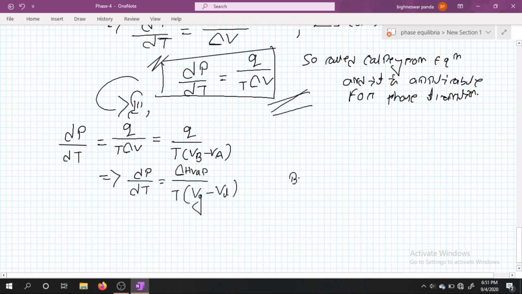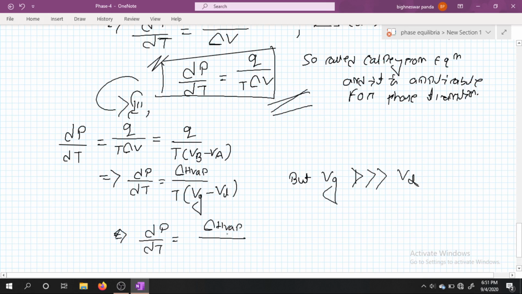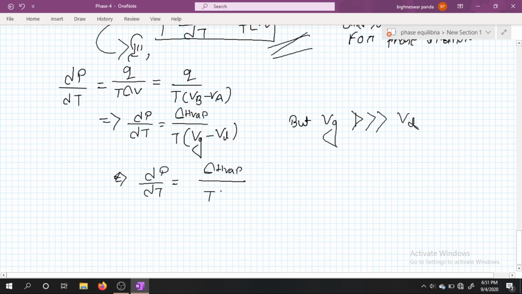But volume of gas is very much greater than volume of liquid. So I can simply write dP by dT will be equal to delta H vaporization divided by T V. Here this is equation 4.